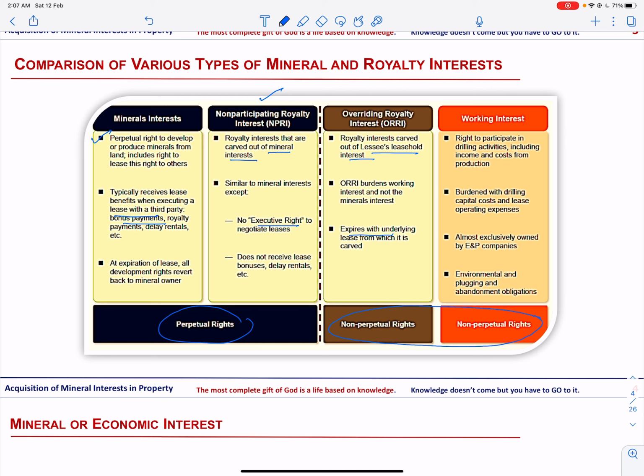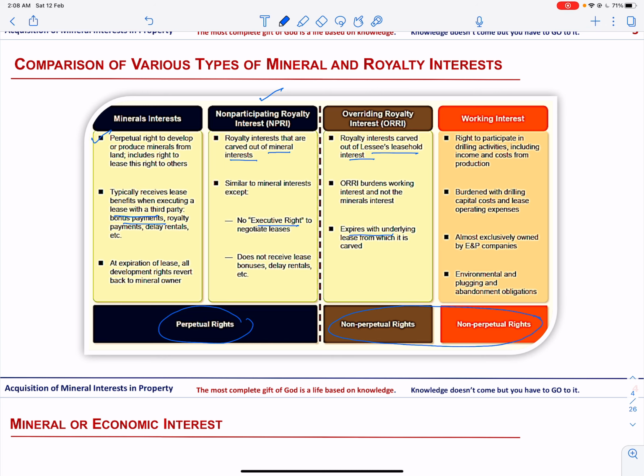Working interest holder has the right to participate in drilling activities including income and cost from the production. They are burdened with the capital cost and lease operating expenses. Almost exclusively, they are owned by the exploration and production companies.